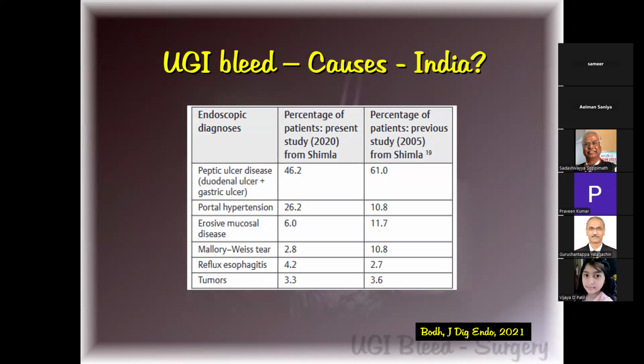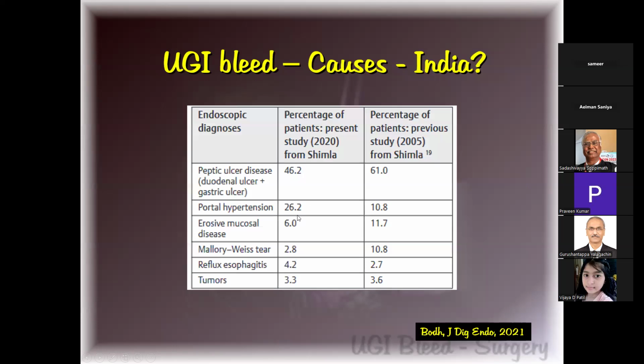This is from Shimla. What is interesting is that the percentage of peptic ulcer disease, which was like the world average in 2005, has become less 10 or 15 years on. It's only 45%. And look at the increase in the portal hypertension related disease, that is, varices.